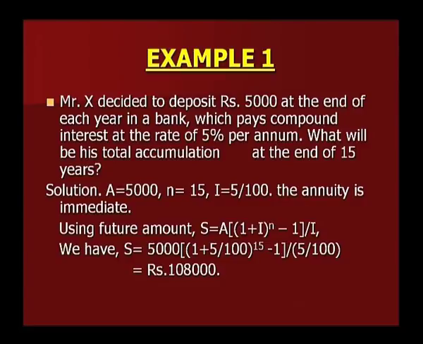Solution of this problem: A is equal to 5,000, n is equal to 15, i is equal to 5 upon 100.